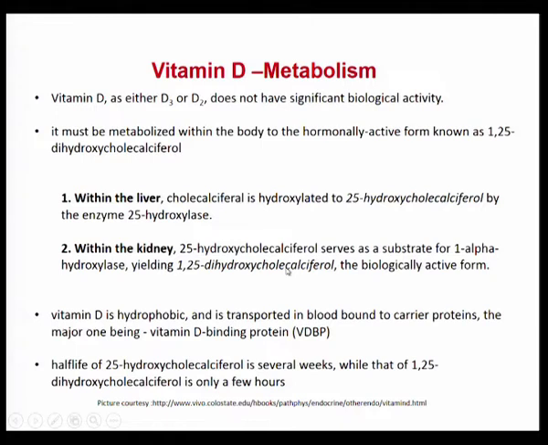Now the question is, why are these two organs, liver and kidneys, given more importance? Can't other organs or tissues in our body do it? The first question can be answered simply by saying, yes, the enzymes required are present and expressed in these organs. That's true. In addition, kidneys play an essential role in calcium metabolism, and liver plays an essential role in cholesterol metabolism and in the storage of fat soluble vitamins and a variety of fat soluble nutrients.